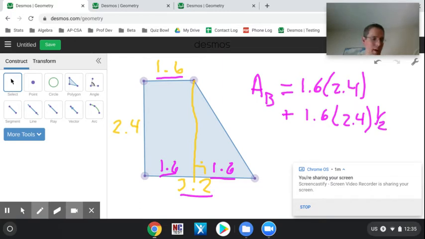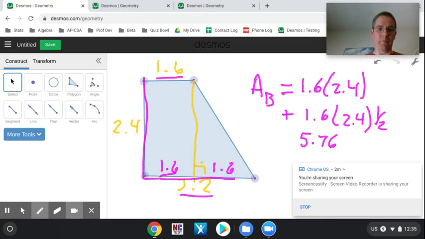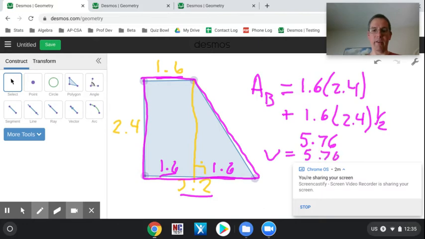So if you put that into Desmos or something, you should come up with a value of 5.76. And this would be the area of this entire trapezoidal base here. Now, once you know the area of the base, the volume is just going to be your area of the base, 5.76, times your height of 3. And then that should give you your final answer for your volume. Should be pretty easy to get it from there.